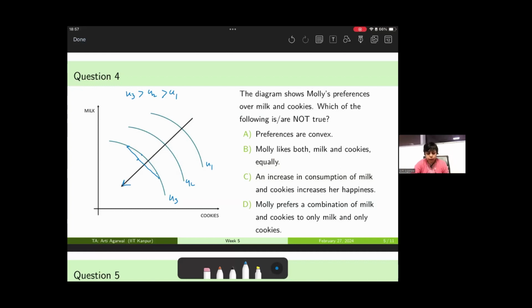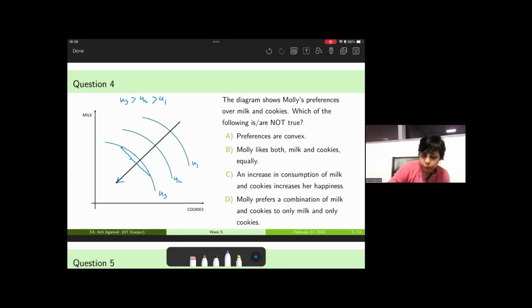And this is happening in the direction of increase of utility. So the preferences are convex actually. It is just that the shape of the curve is not what we are usually used to, but the preferences are convex because it is shaping like this in the direction of increase.